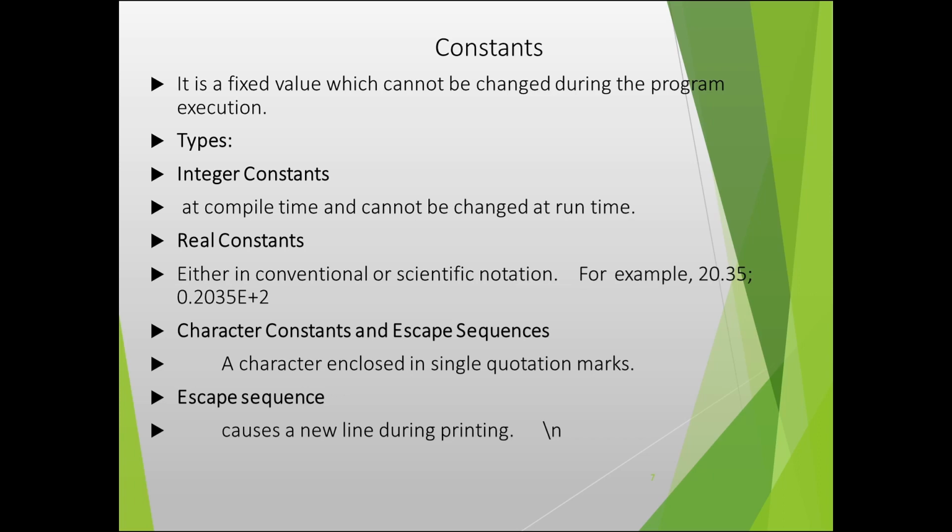We can use either conventional or scientific notation. So, for example, 20.35 is conventional, which is nothing but the traditional notation, and scientific notation is 0.2035 e plus 2. That includes both the mantissa as well as the exponent part.